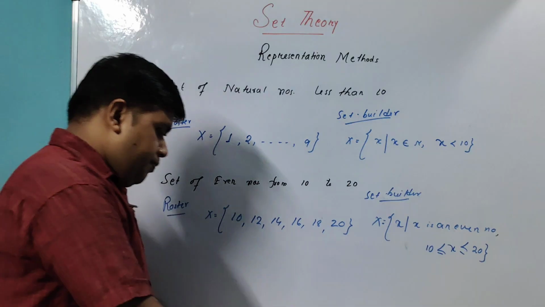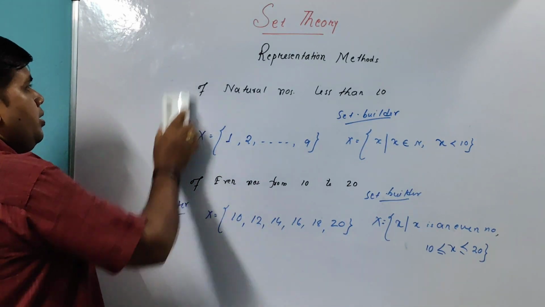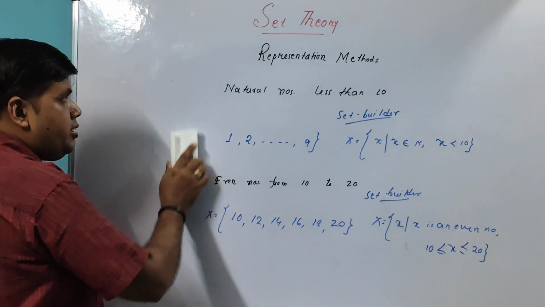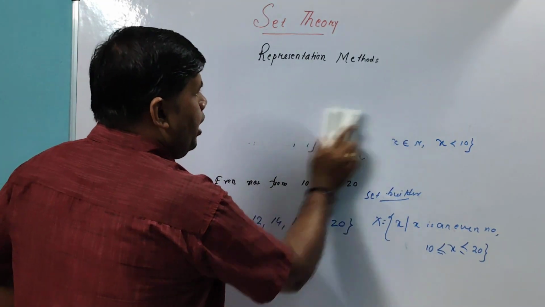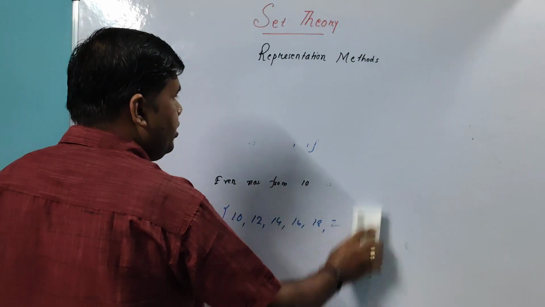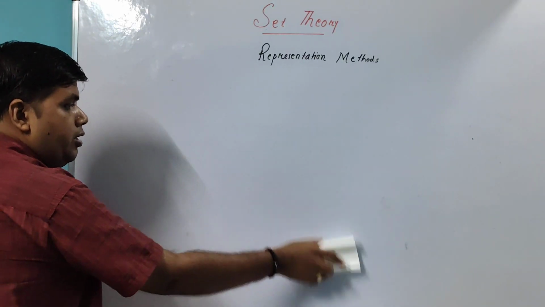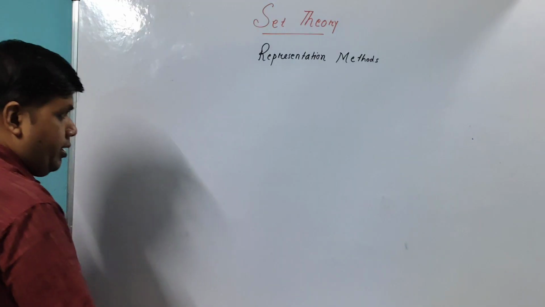I think this is very much clear. So in this video, we have seen how a set can be represented using the roster method as well as the set builder method, and the conversion from one method to the other.